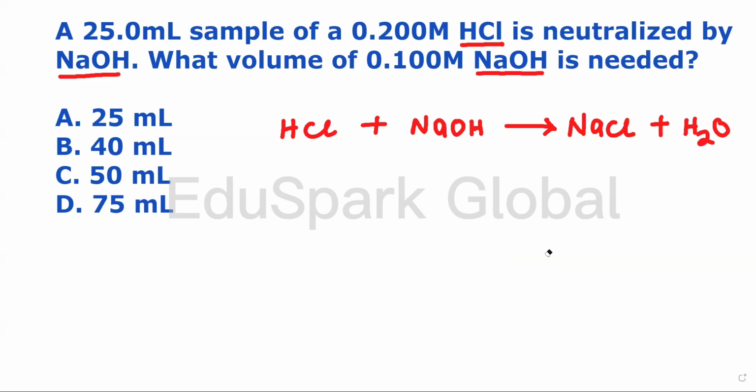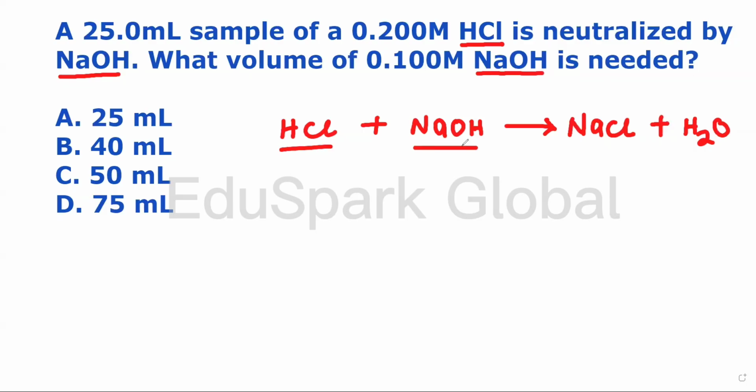After writing this equation, the next thing we do is to balance the equation. If we check the two sides of the equation, we would notice that they have the same number of atoms. So in that case, we conclude that this is balanced.